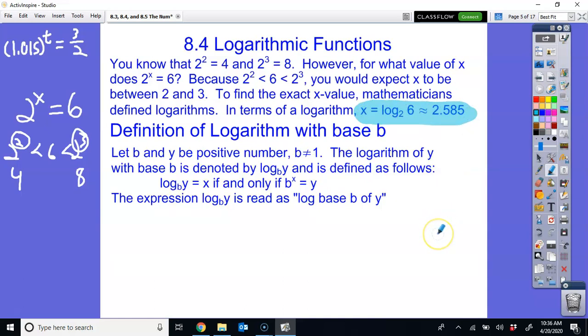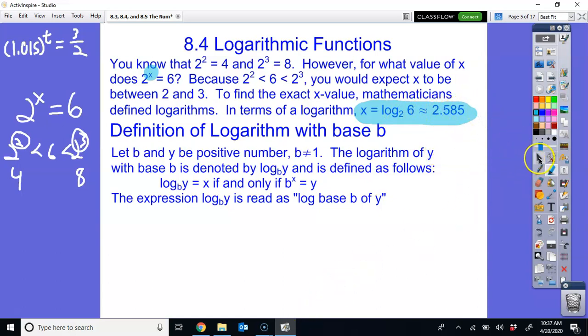So now we're going to talk about what a logarithm is. What does it mean? What is that saying right here? What this is telling me is that this value for x right here is log, and this is the way you say it, base 2 of 6. And it's approximately 2.585.